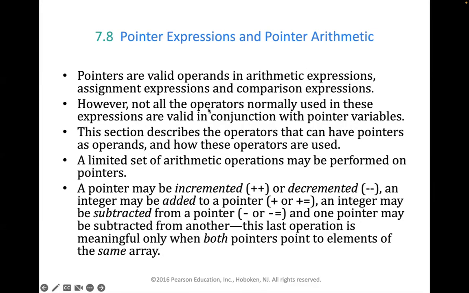However, not all the operators normally used in these expressions are valid in conjunction with pointer variables. For pointers, usually we can do subtraction and addition. So a pointer may be incremented, plus plus, or decremented.